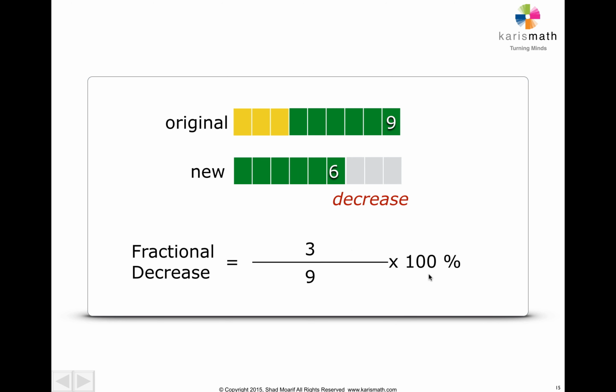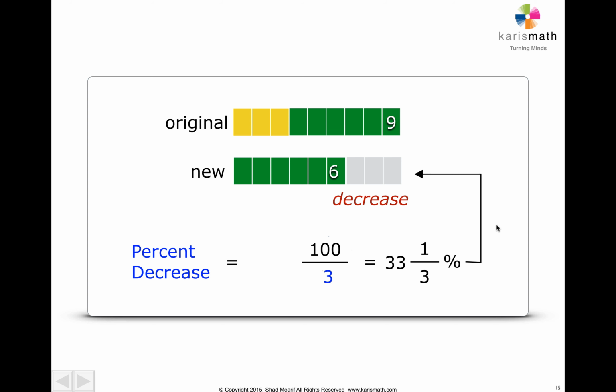Now you want to change that to percentage? Sure. 1/3 times 100% would be 100 over 3, which actually comes to 33 1/3%. That means we decreased it by 33 1/3%. That's what we did. And we'll learn more about this in the next video.